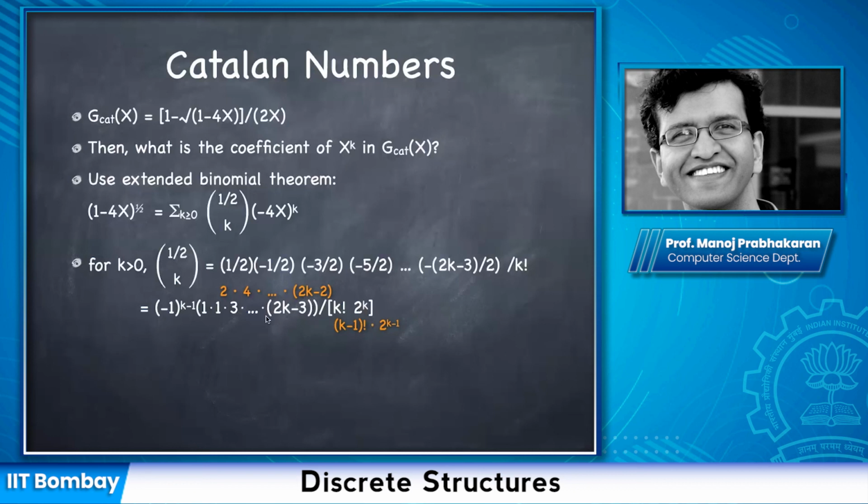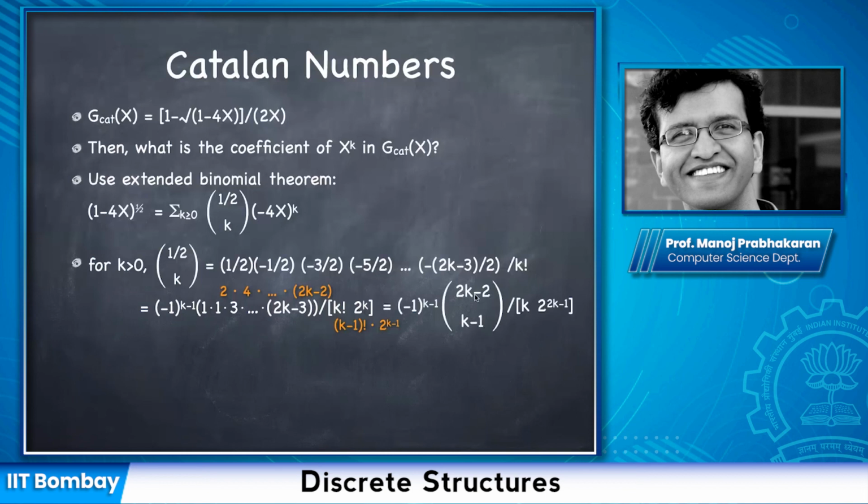Okay. Now what does the numerator look like? It looks like 2k minus 2 factorial, right, all the even and odd terms are here. So 2k minus 2 factorial divided by k minus 1 factorial times k minus 1 factorial, which I can write as 2k minus 2 choose k minus 1.